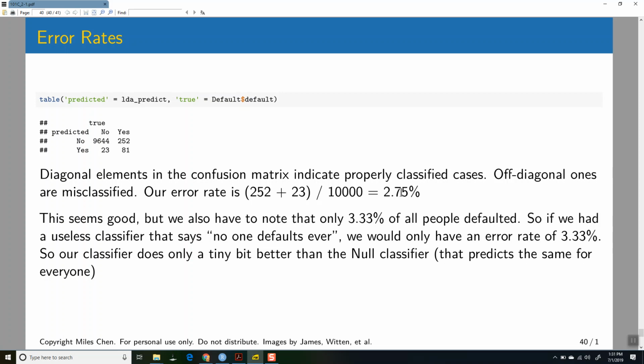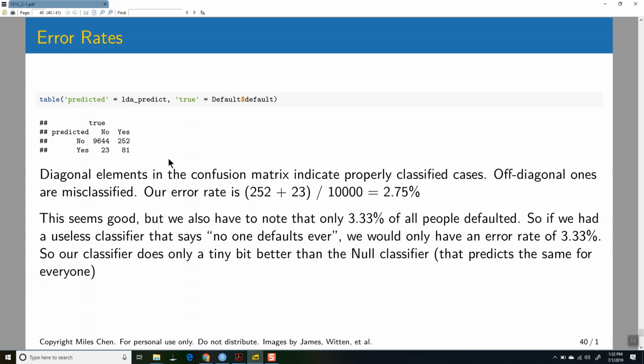But if we think about it, it's also not super great, because if we look at just how many defaulted in the real data, only 333 people defaulted, okay? And so if we have a null classifier, basically, it's not a classifier. We're just going to say no one defaults ever.